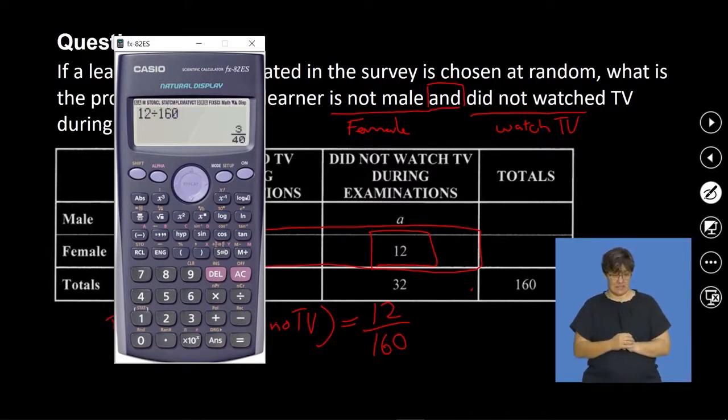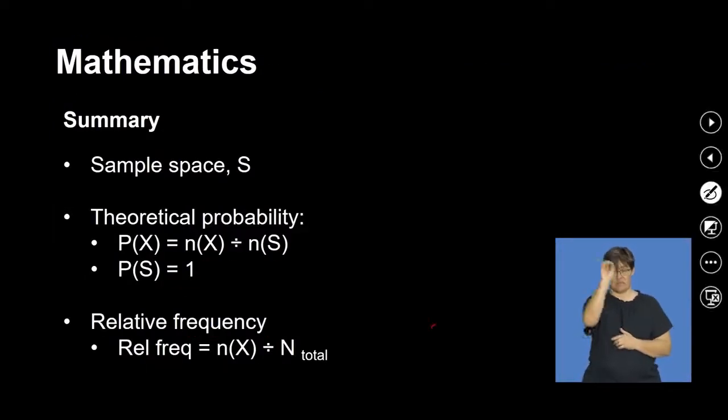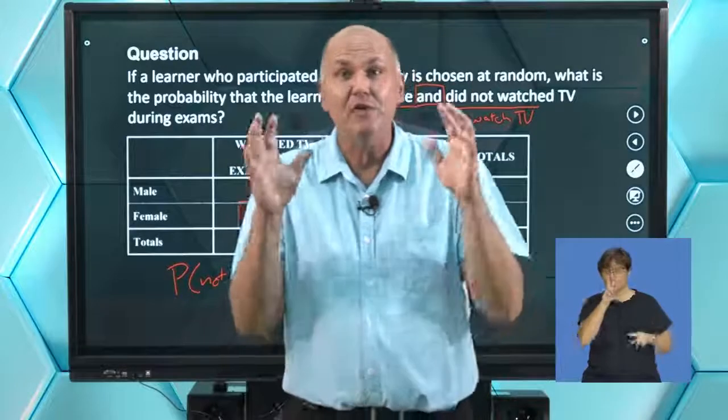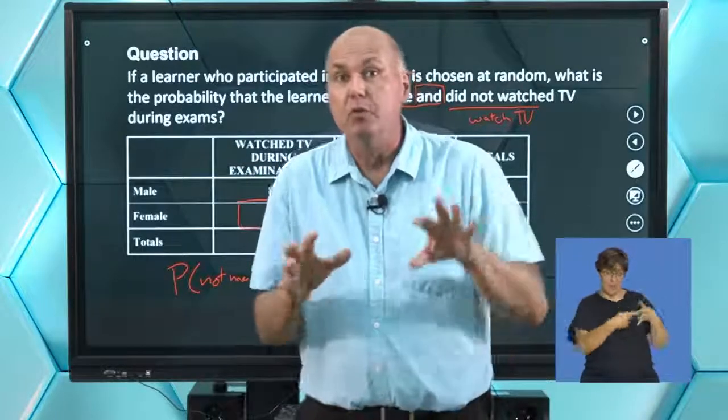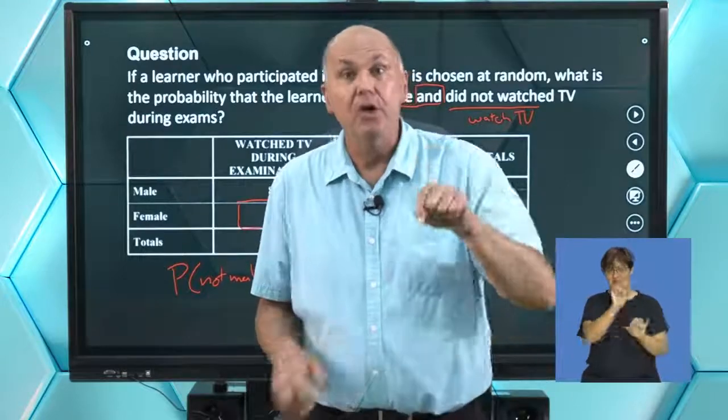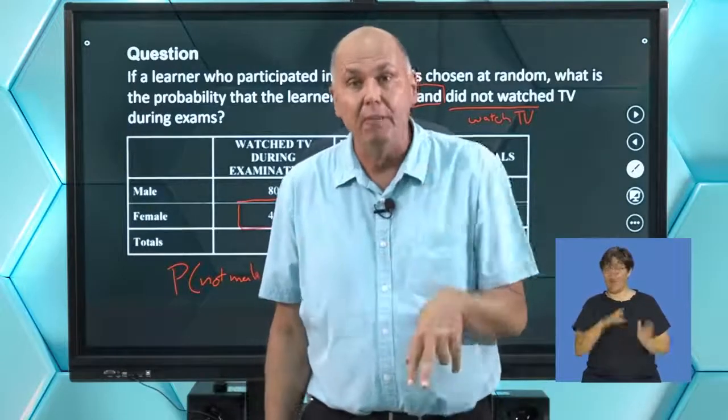We'll convert it to a decimal, 0.075. That gives us 7.5%. Good. I hope you can see how using the table and using our rules can help us confirm our answers. I hope you can go and do this using the complement as well.